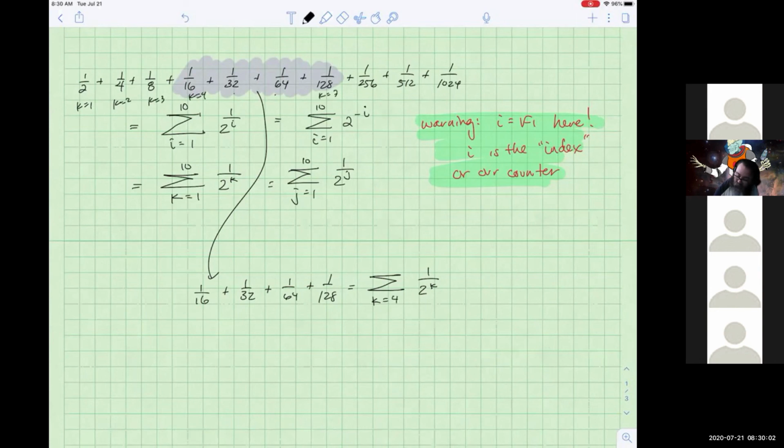So I could just do from 4 to 7, and it would pick those terms out of the middle. They have to be consecutive terms, but we could pick them out of the middle there. And that's the idea with that notation.